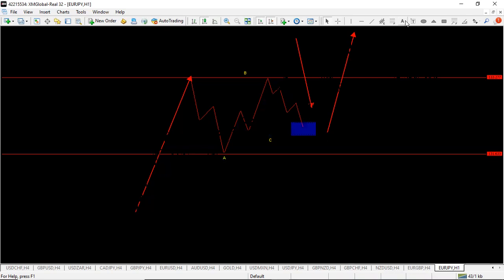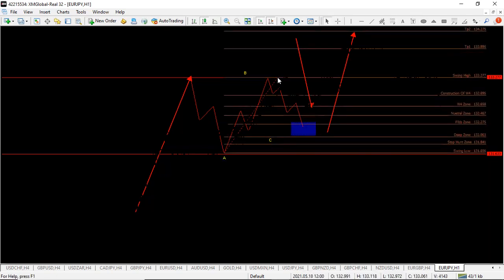So let's check this 5. Is it falling in this one? Okay, yeah. So you remember the zones, it's either 61.8 or 78.6. Those are our zones. And then the market goes right. So it's something like this in reality.